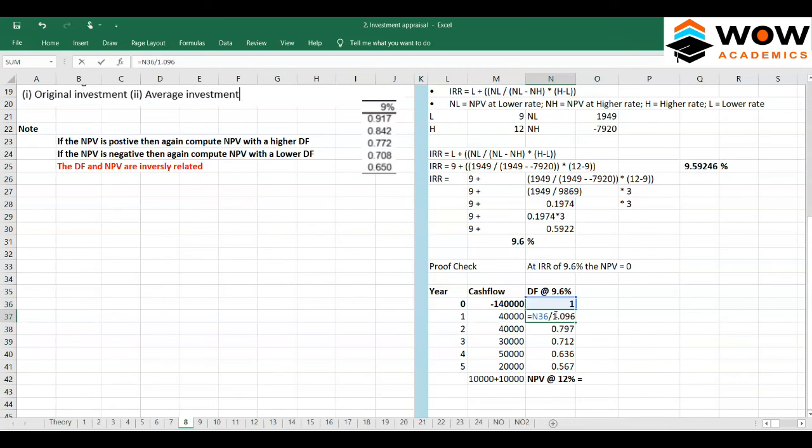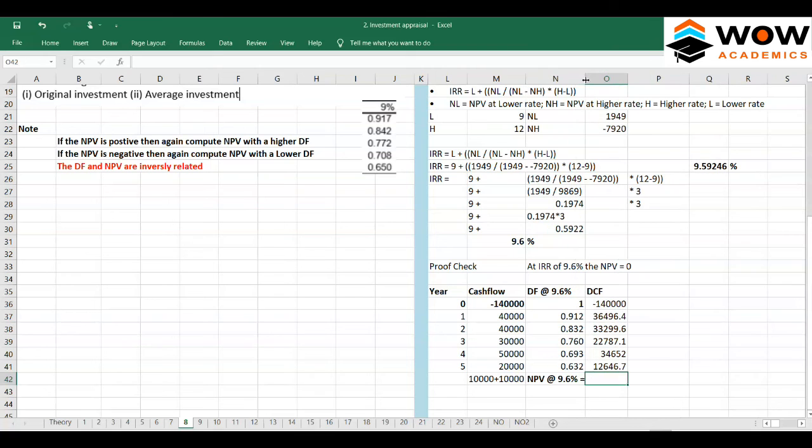So let's check at 9.6% what happens. 0.96. So let's multiply and get the answer. So NPV at 9.6% would be, okay, we get a number like minus 118.